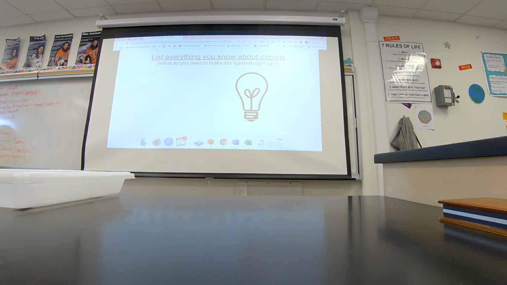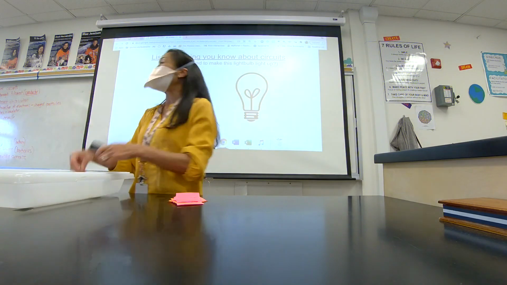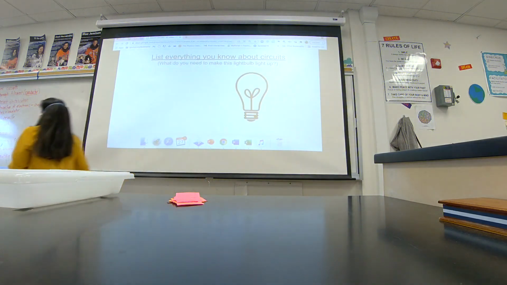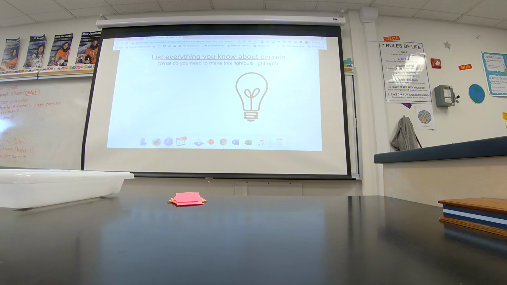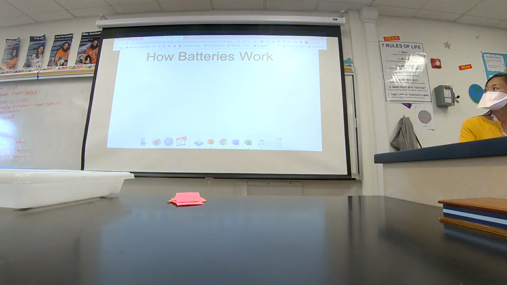I think we covered everything. So these are an introduction to some of the things you want to think about when you're creating the challenge in your individual bulb and battery activity. But we talked about electric potential. We talked about, someone mentioned a voltage difference. I want you to learn in this next video how batteries work to create electricity.